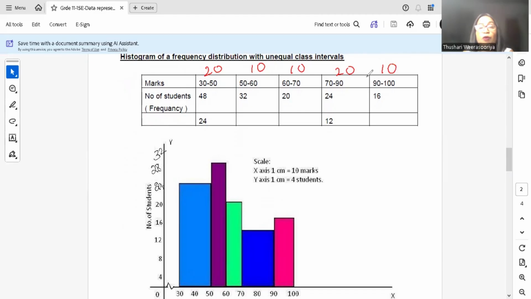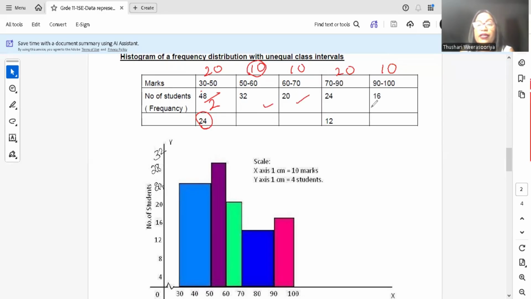So, take the smallest gap as 1 unit, and this is 2 of that. Then you divide this data by 2. We are marking 24, not 45. Now here good, that is good. 32 is good because that is 10. This is also good.